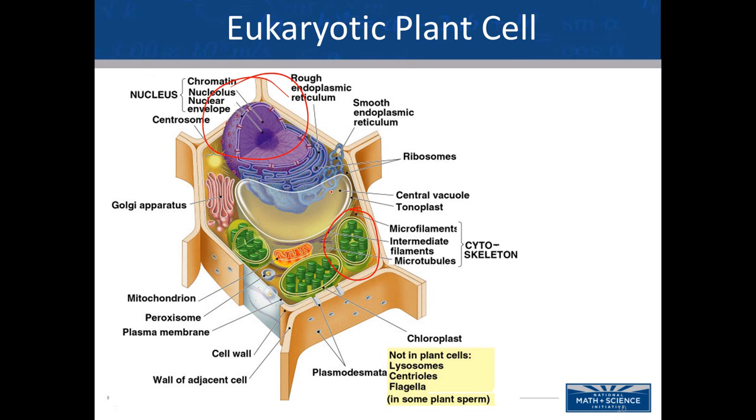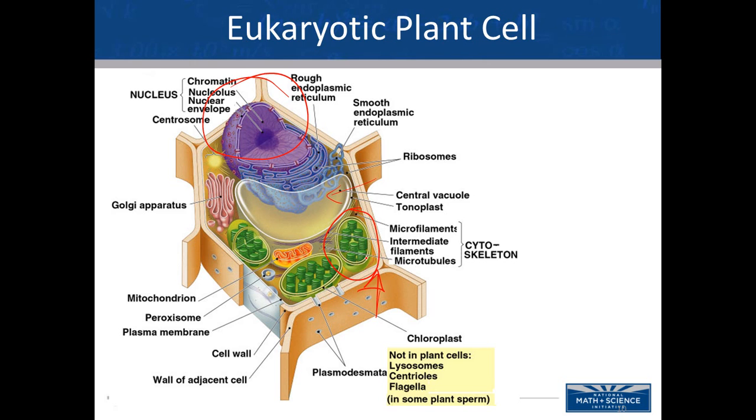Another difference is that plant cells have a large central vacuole, or most of them do, and that large central vacuole allows the plant cell to regulate water in the cell and remain turgid, if you will. Another thing you'll notice is that plant cells have a cell wall, and that cell wall is made out of the carbohydrate cellulose.